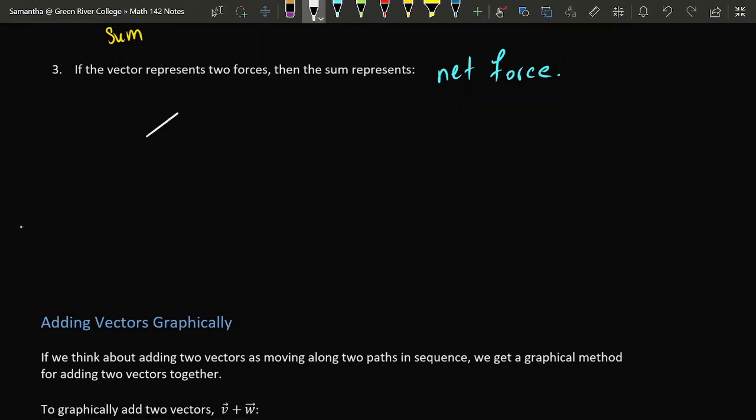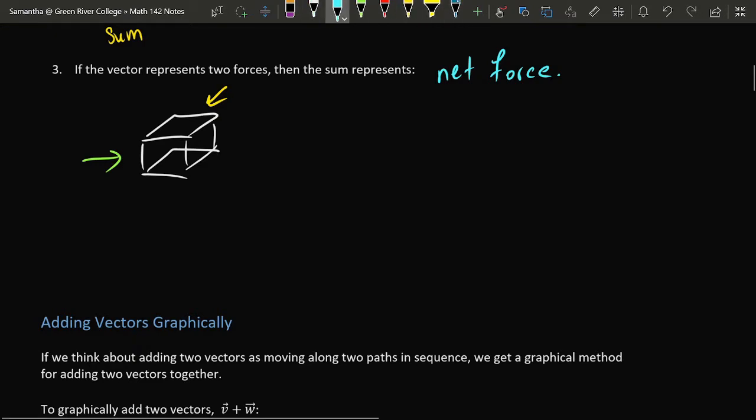For example, suppose that we had a box, and somebody was pushing the box to the left, and someone was pushing the box toward us. Then those two folks acting together would be effectively exerting a force in this blue direction. That would be the combination of their two forces. A force which is a little bit toward us and a little bit to the right.